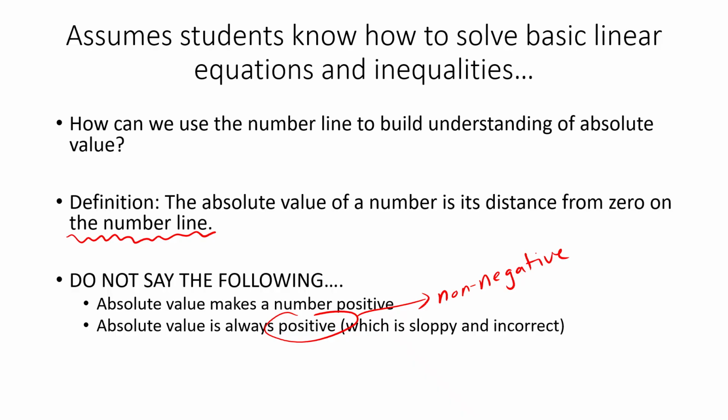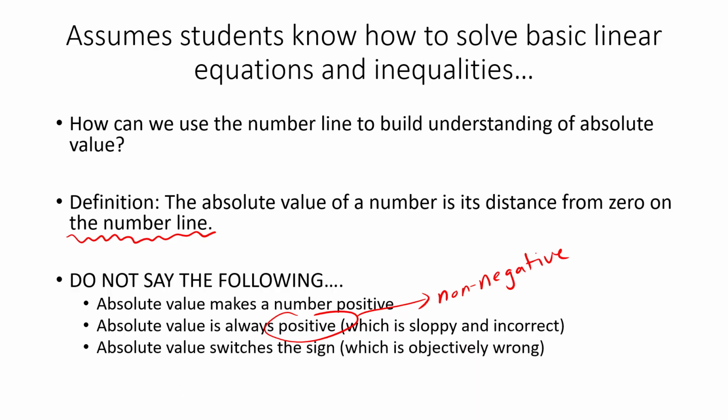And then the last one, that absolute value switches the sign. This is objectively wrong. That is not what absolute value does, and the moment you say the absolute value of 3, if a student has that misconception, they're going to tell you the absolute value of 3 is -3. I see that fairly frequently.